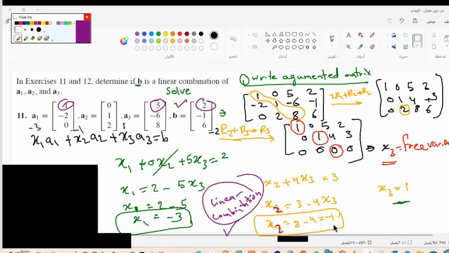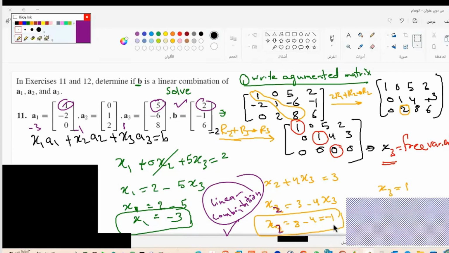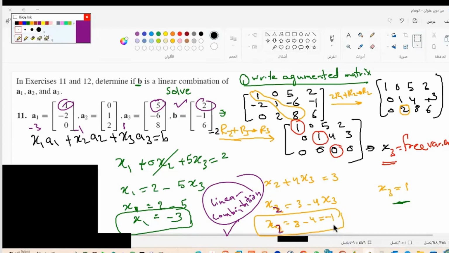Yes, minus 1. Again, excuse me, at home, try to solve this example, see this video, and try to solve this example by your hand. Okay? Any question for this?